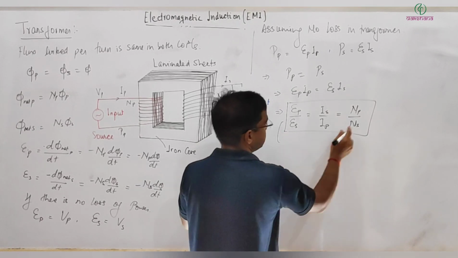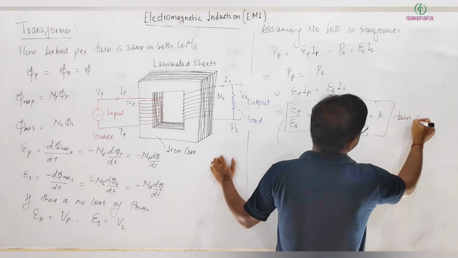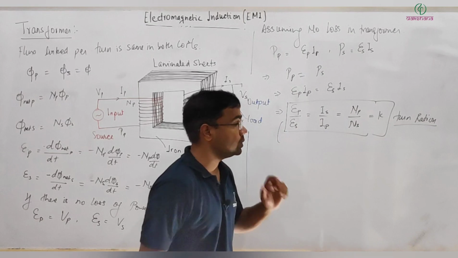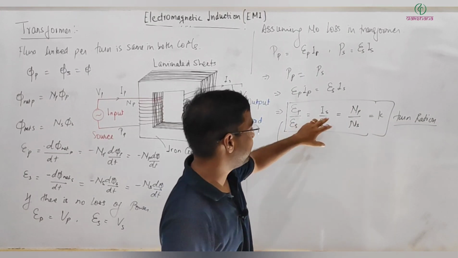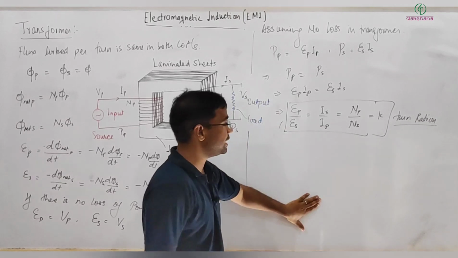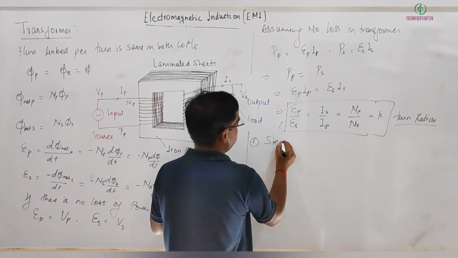It's also called some constant K, the turn ratio, the number of turns ratio. So there are two possibilities here. One is the step up transformer.